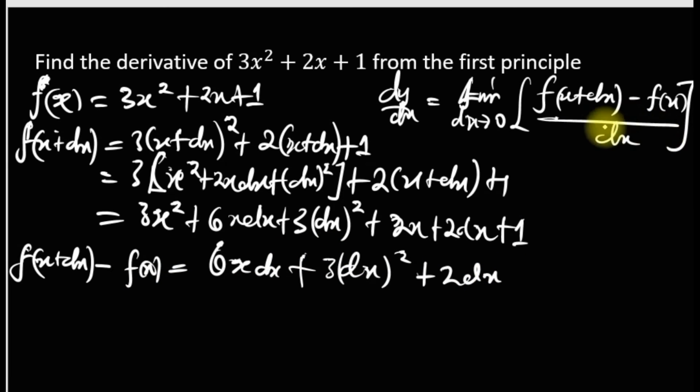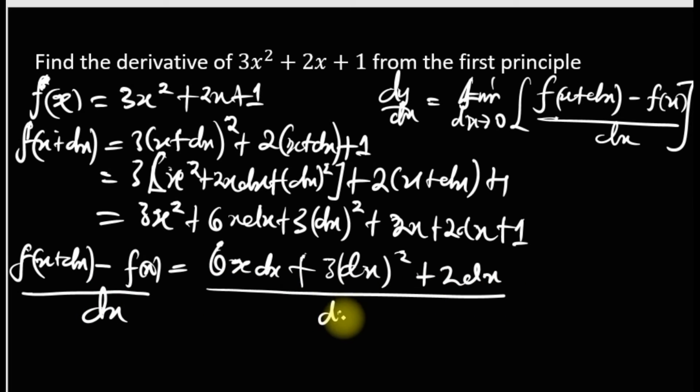So the next thing is to divide by dx, over dx. We divide each of them by dx. So 6x dx over dx is 6x, then 3 dx squared over dx remains only 3 dx, finally plus 2. So the next thing is to find the limit.